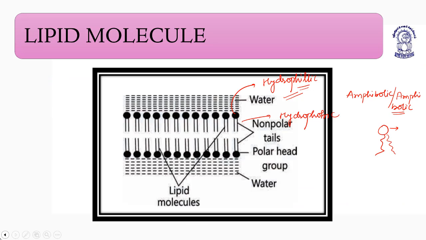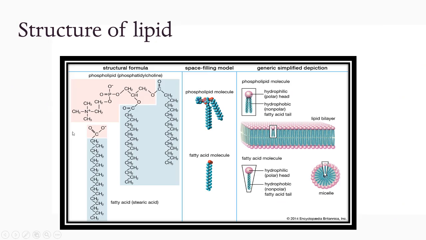Now coming to next. This is the structure of lipid. You can see it is a phospholipid, phosphatidylcholine, in which this is the nitrogenous compound which is attached to the phosphoric acid molecule, and this phosphoric acid molecule is attached to two fatty acid chains.